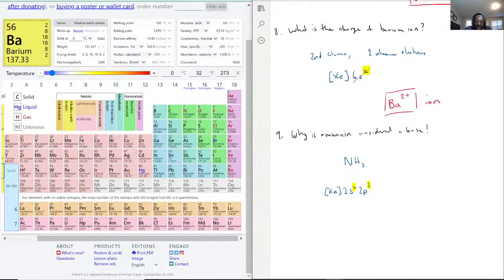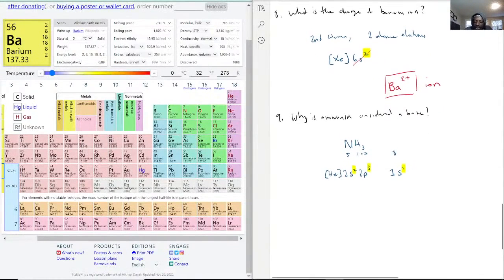Hydrogen is just going to be 1s1, so there's 1 valence electron for every hydrogen. So it's 1 times 3 plus 5, so we have to account for 8 electrons in total, okay?